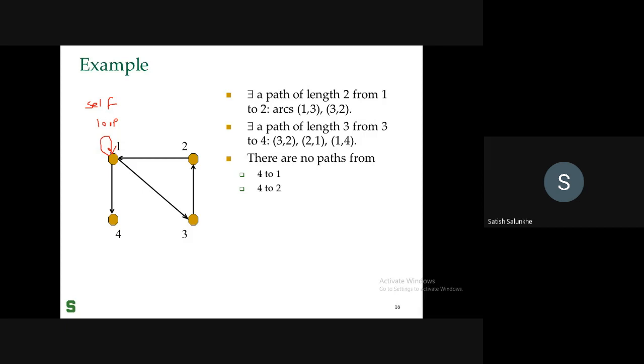What is the length of 1 to 3? It is 1. What is the length of 1 to 2? 1 plus 1, that is 2. And there is no path from 4 to 1.